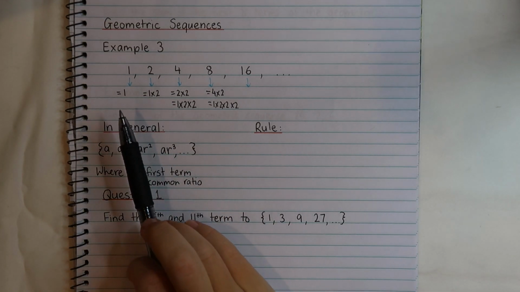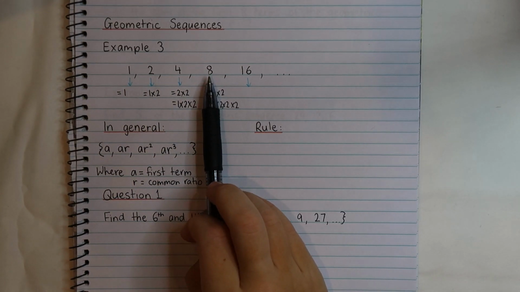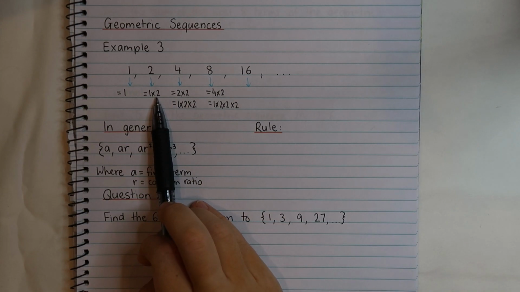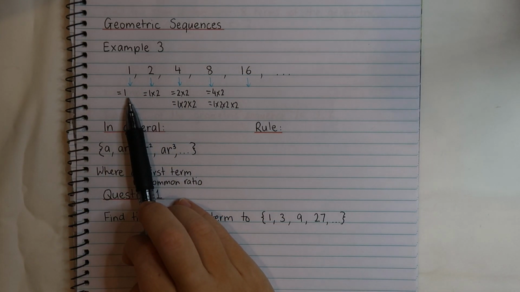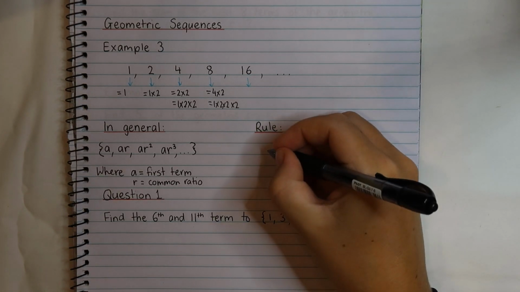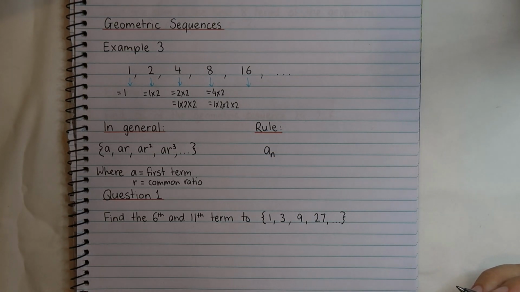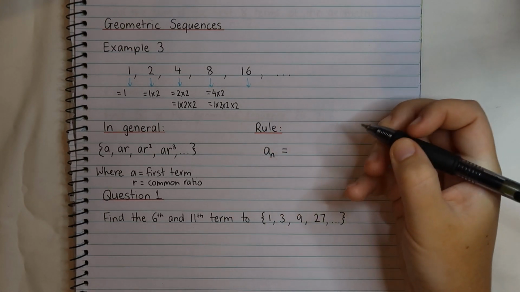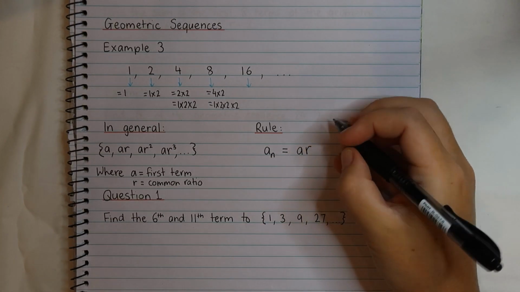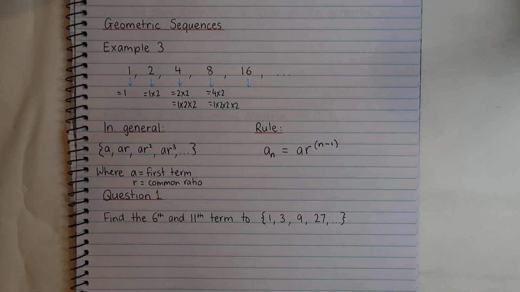So let's have a look. This was term 1, term 2, term 3, term 4. But it's raised to the power of 3, raised to the power of 2, raised to the power of 1, raised to the power of 0. So we can use this to develop our rule. So we have a_n for any term n is equal to our first term multiplied by our ratio to the power of n minus 1.